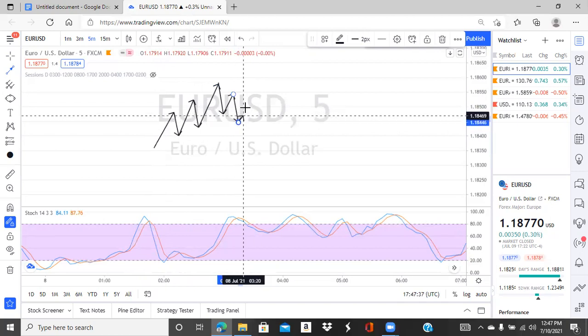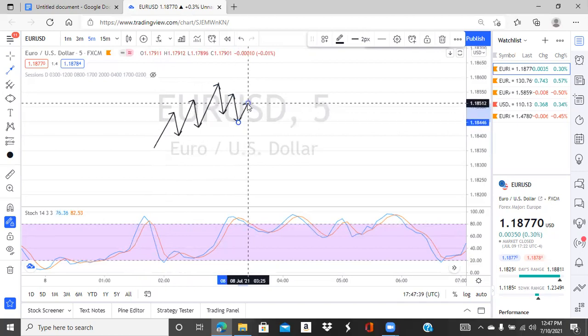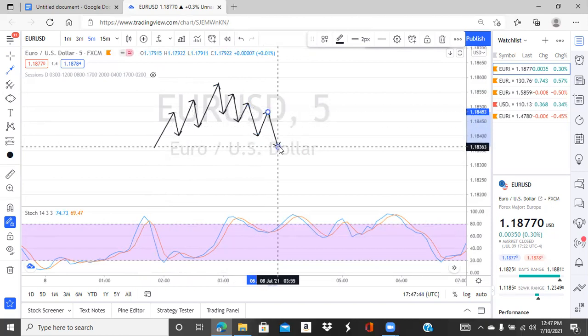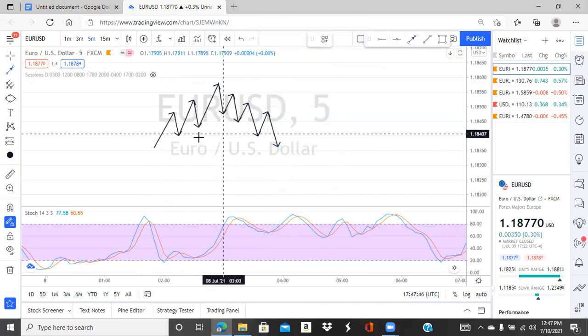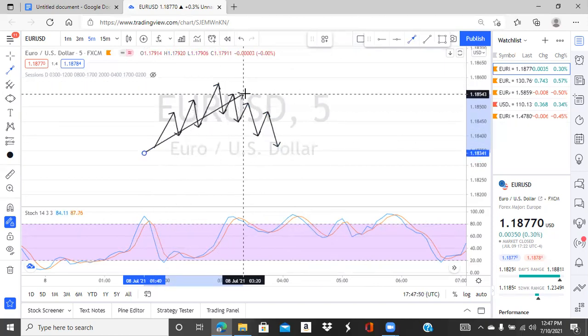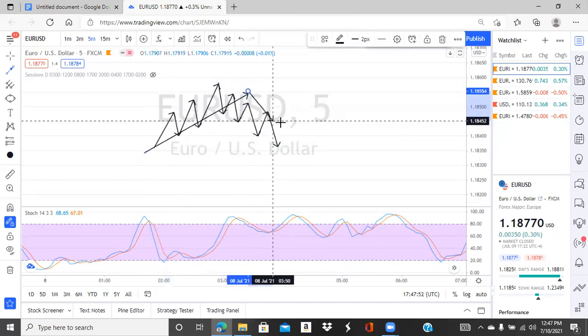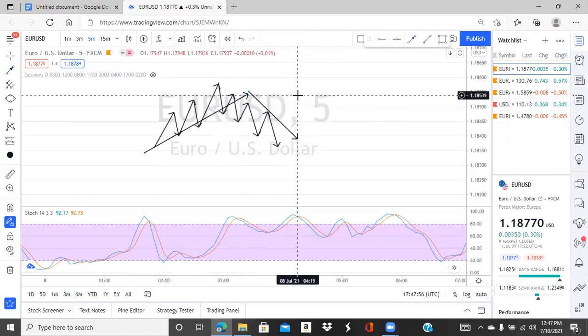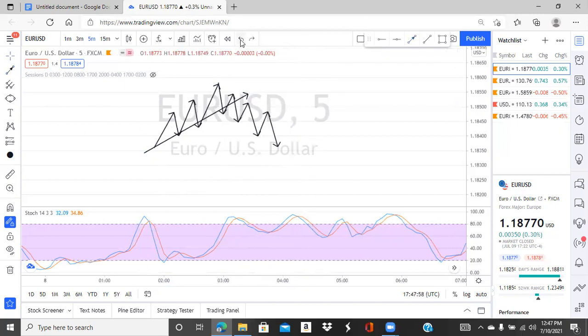It means we're reversing. And then we're going to see the market come down, come down, come down, come down. Okay. So what happened? We went from an uptrend to a downtrend. All right. So you guys have to be aware.